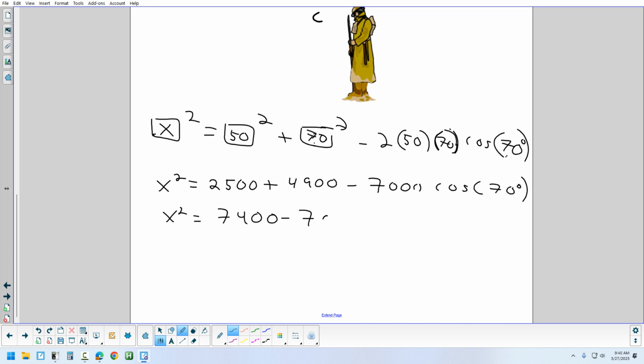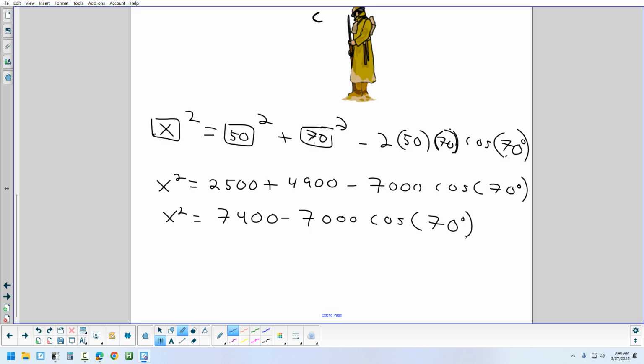That's pretty much all we can do, because the next step would involve multiplying 7,000 times cosine 70. That's going to be a decimal. Anything that's going to result in a decimal, I don't want to do until the end of the problem. So there's only one thing I need to do left to get x by itself. Right now it is squared.